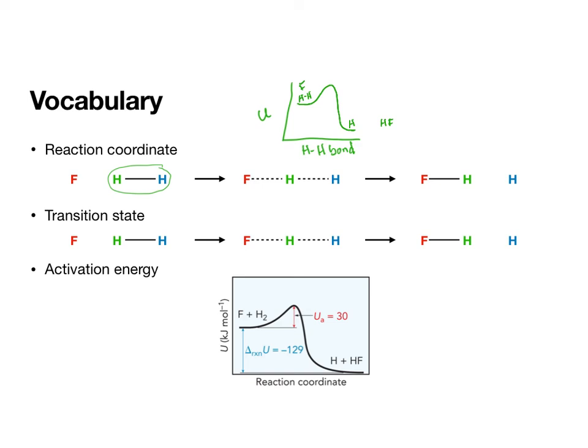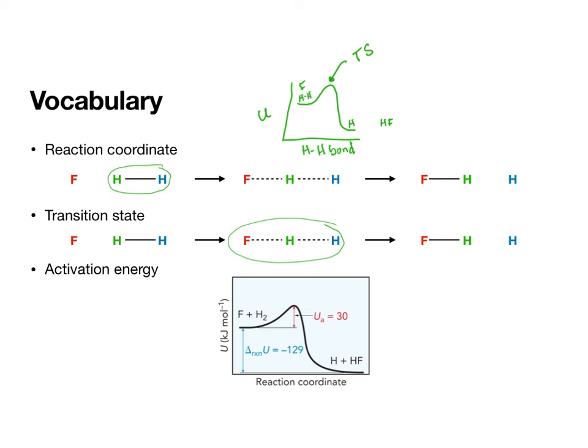Now, along this reaction coordinate, there is a highest energy state. This is known as the transition state. And oftentimes, that transition state is this condition where we kind of have half bonds between our reactants and our products.